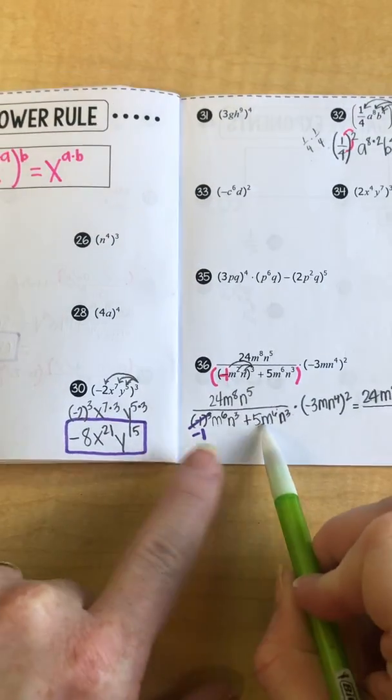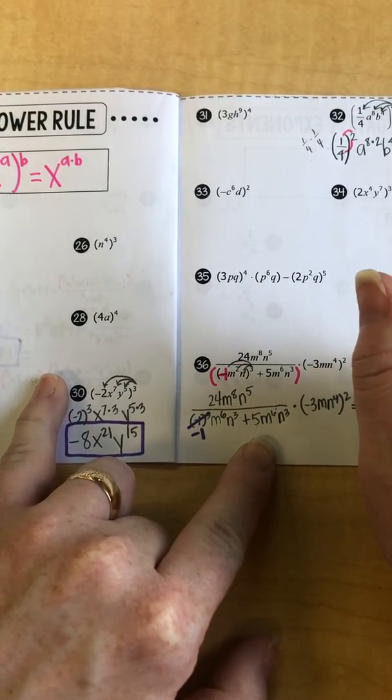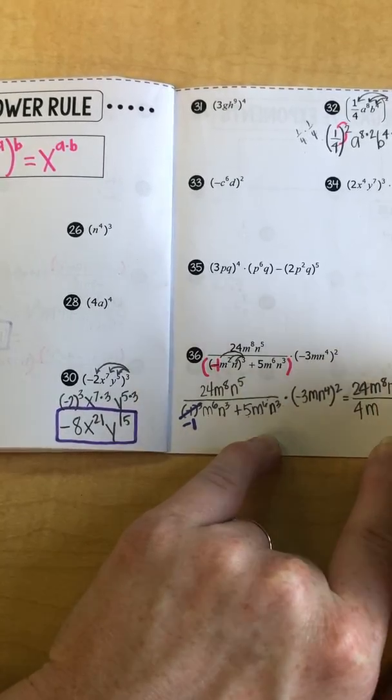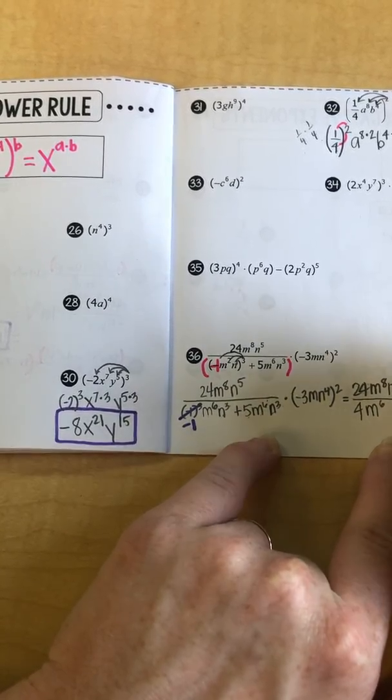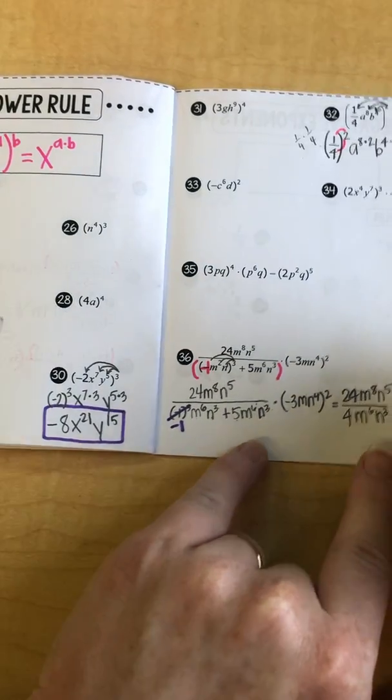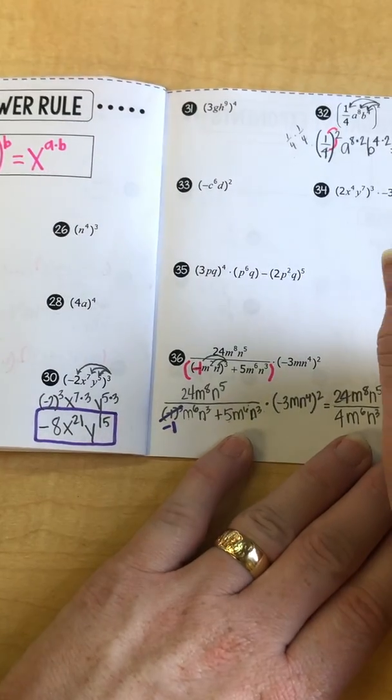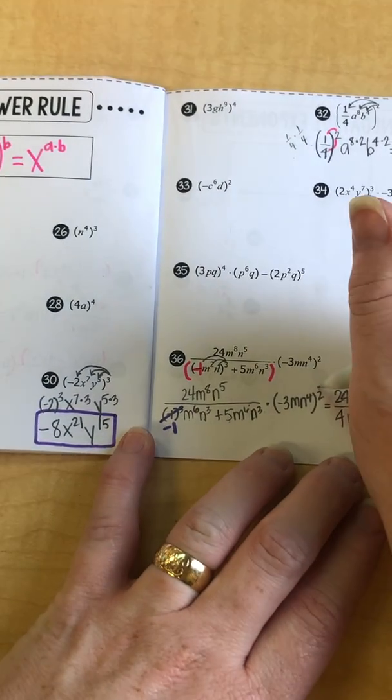All right, negative 1 plus 5 is 4. And if I'm just combining like terms, I do not change anything with my exponents.